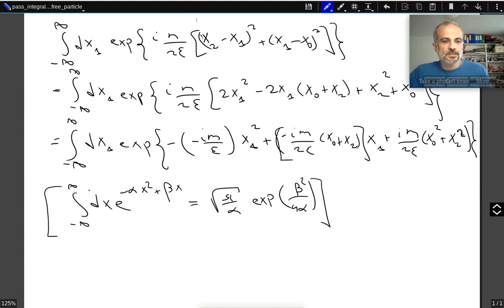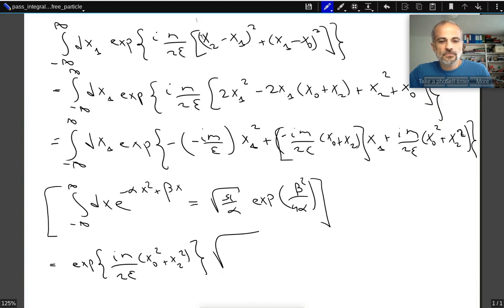So my x1 integral just becomes the integral from minus infinity to infinity. Now I evaluate that integral. So there are terms that are independent of x1. So I have exponent i m over 2 epsilon, x0 squared plus x2 squared. And then there is the square root of pi. Now alpha is the coefficient of minus x squared. So the minus x1 squared, the coefficient is minus i m over epsilon.